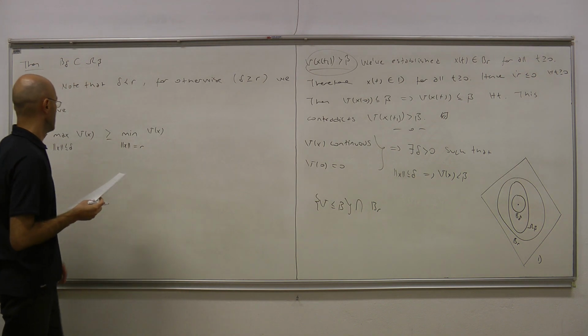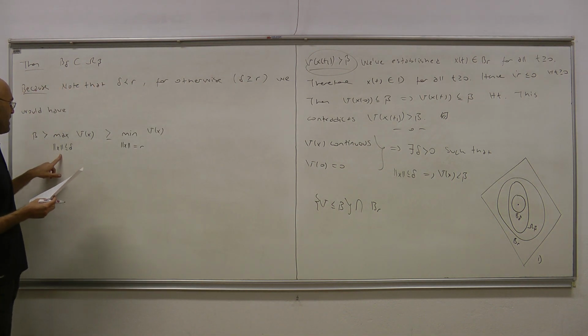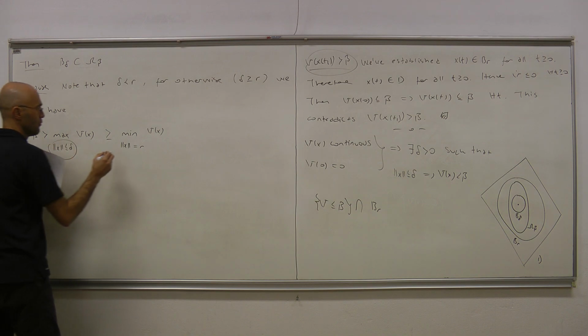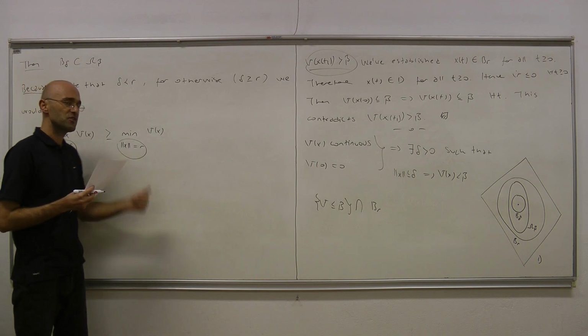If delta is larger than or equal to r, then this set will be a superset of norm of x equals r.